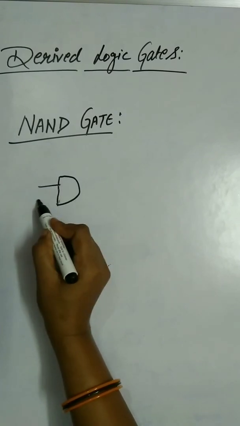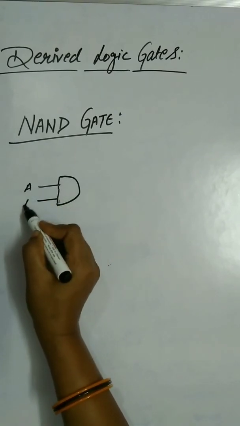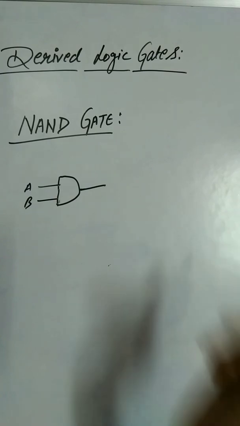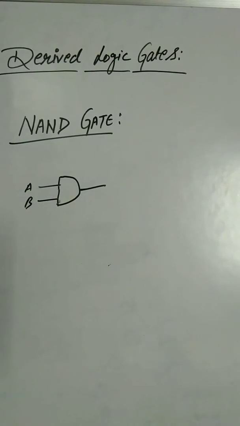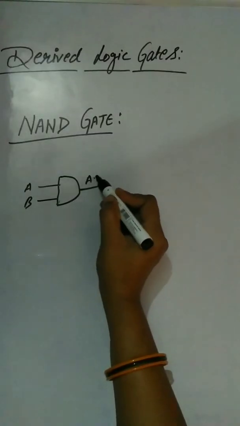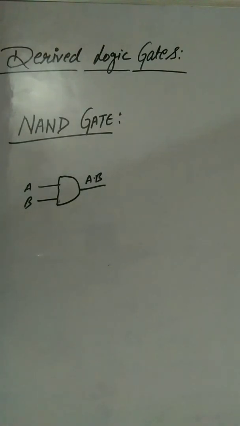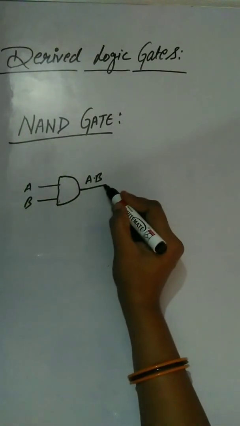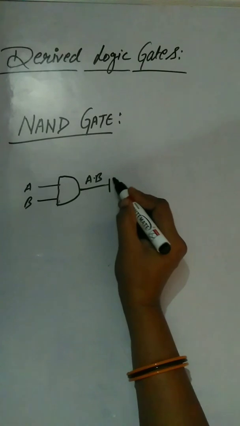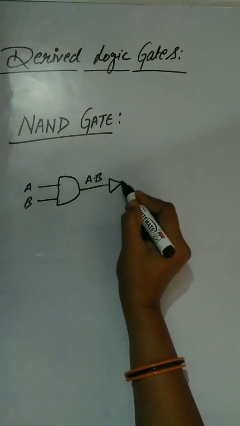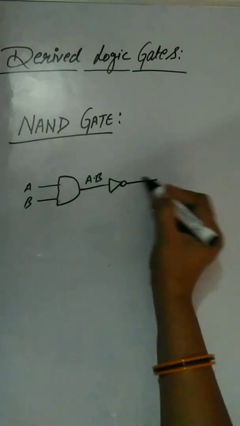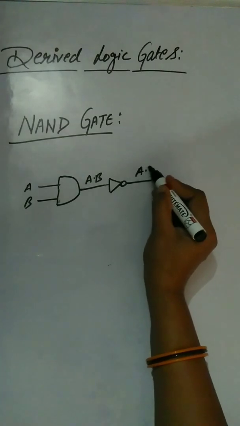It's just the opposite, or you can say the combination of AND gate and NOT gate. So here is the AND gate. Its output is A dot B. After this, the output again passes through the NOT gate, and it will produce A dot B whole bar.